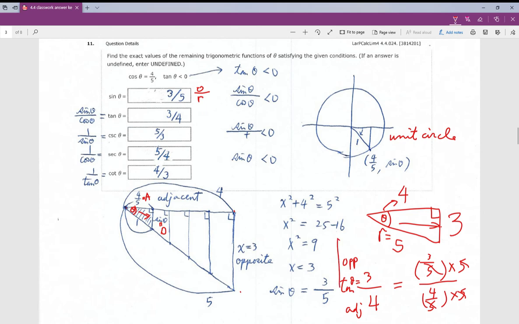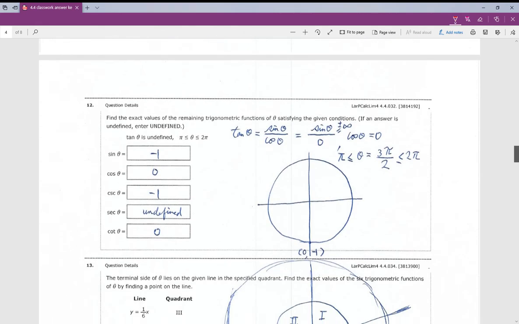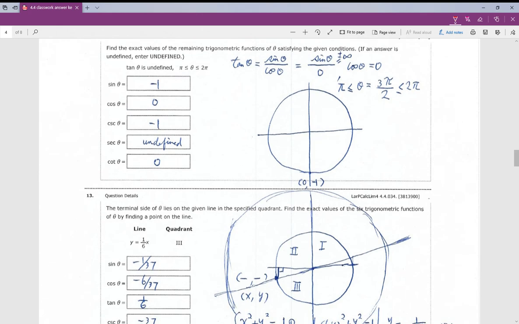The rest will be easy because cosecant is the reciprocal of sine, secant is the reciprocal of cosine, cotangent is the reciprocal of tangent. So everything becomes easy. Number 12.